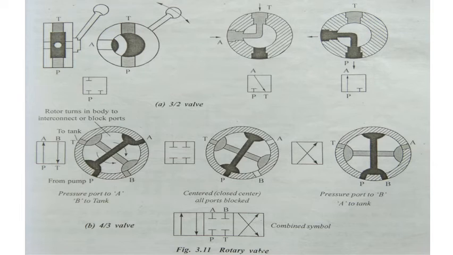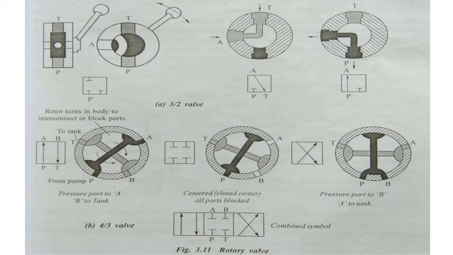Here is a 4 by 3 valve: 4 ports are present and 3 positions. Keep on remembering, wherever 3 ports are present, it is useful for single acting cylinders or single acting actuators, and when 4 ports are present it is required for double acting cylinders.